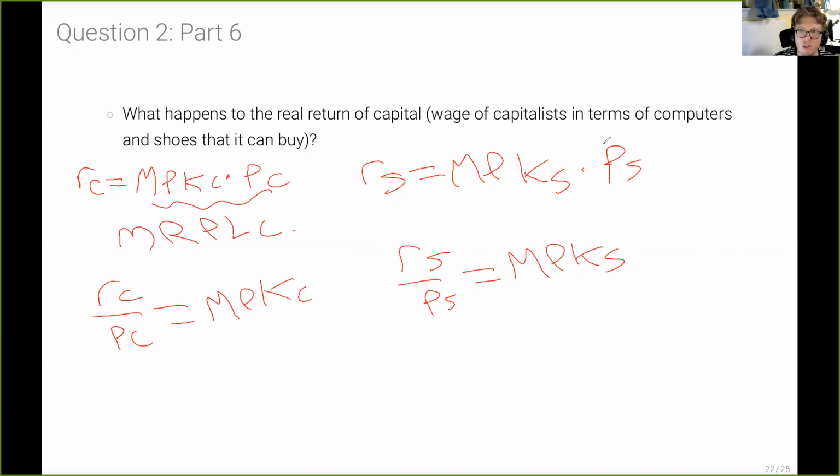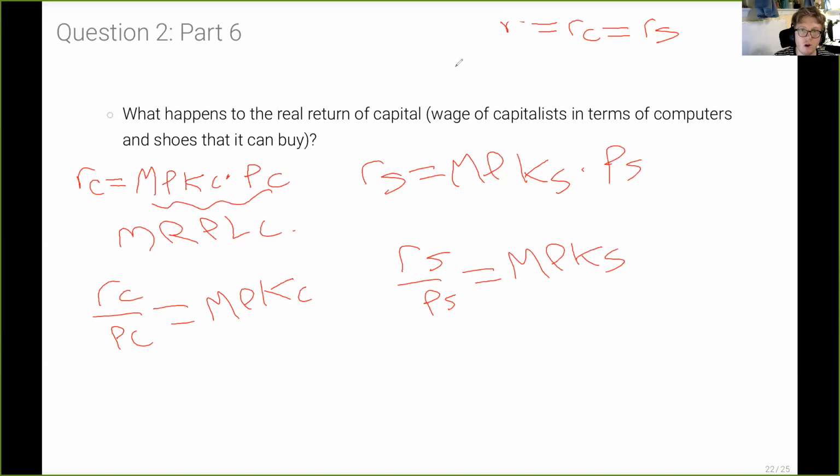And it's important to note that, as we've seen before in previous models, we have free factor mobility. And so if we have output in both sectors, we have that R is equal to RC, which is also equal to RS.